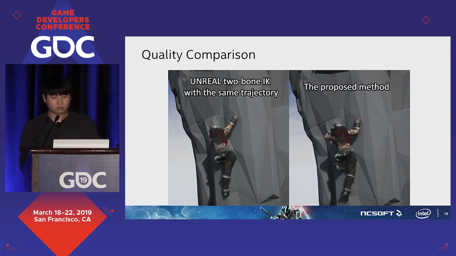While there are a small number of joints in two-bone IK, our deep learning-based model solves full-body IK. We apply the same trajectory to both two-bone IK and our model. Then let's compare the quality of the output motions of two-bone IK and that of our model.